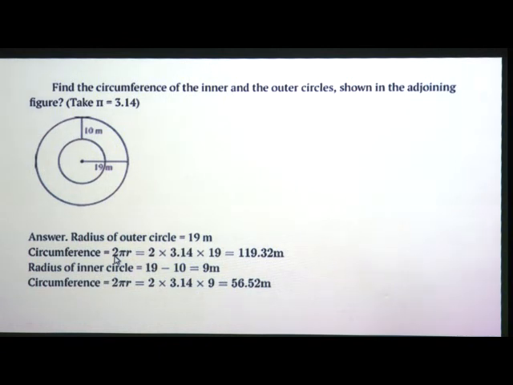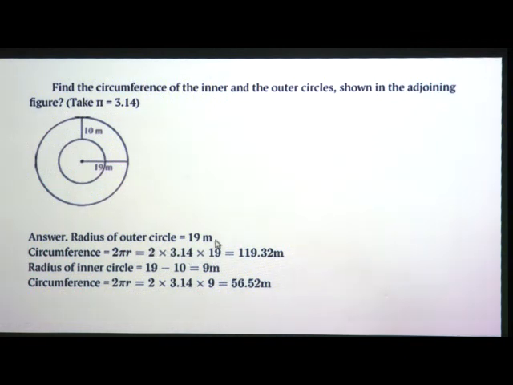So, we will write 2 multiplied by the value of pi, which is 3.14, multiplied by r, the radius, which we know from the figure is 19 meter. We have just substituted the values in the given formula.